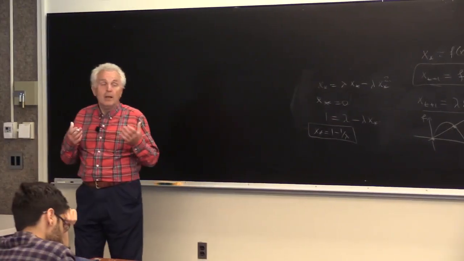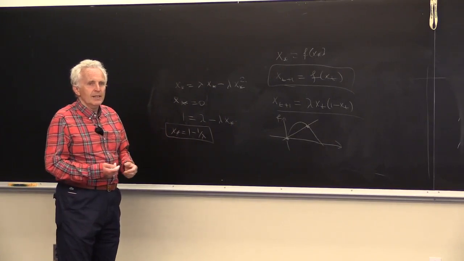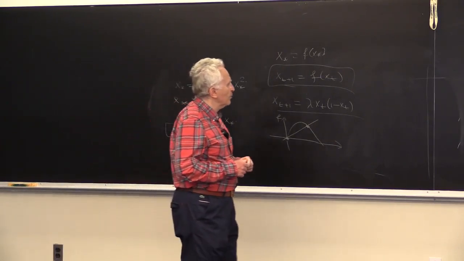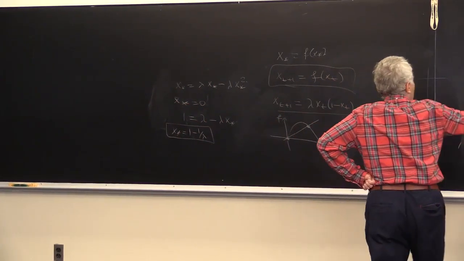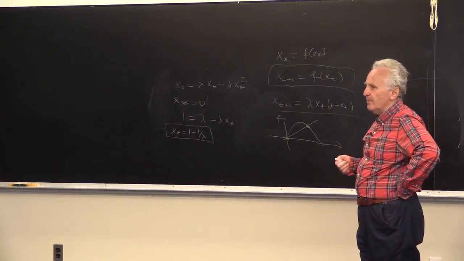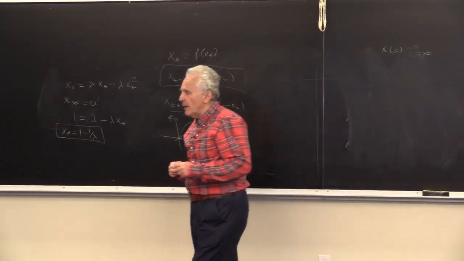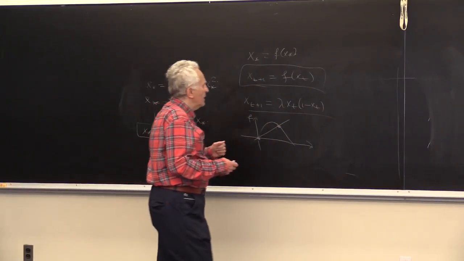If we believe that it describes some physical system, what's our next step? After finding the fixed point, like the laminar solution in hydrodynamics, yes, we have to study stability, linear stability. How do we study linear stability?